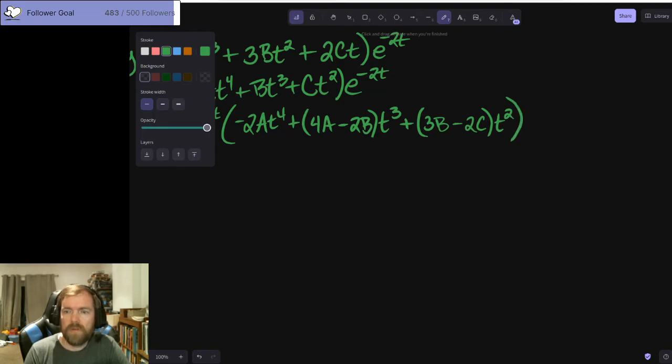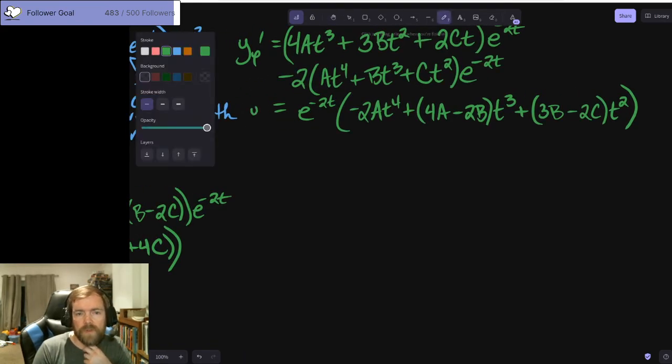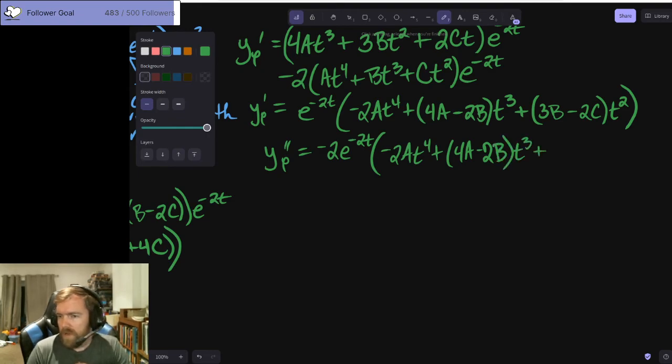All right, so y sub p double prime is going to be equal to negative 2 e to the negative 2t times all that same stuff again: negative 2a t to the fourth plus 4a minus 2b t cubed plus 3b minus 2c t squared.